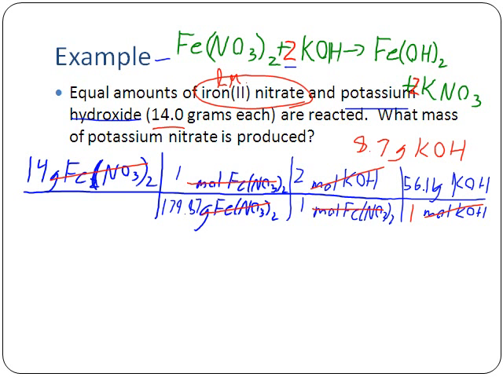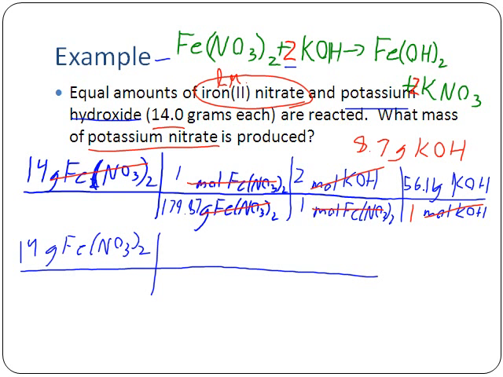Yay! Now that we've got that, we're going to use it to figure out the answer to the problem, which is what mass of potassium nitrate is produced. To do this, we start off with 14 grams of iron 2 nitrate, FeNO3, same as we did before.